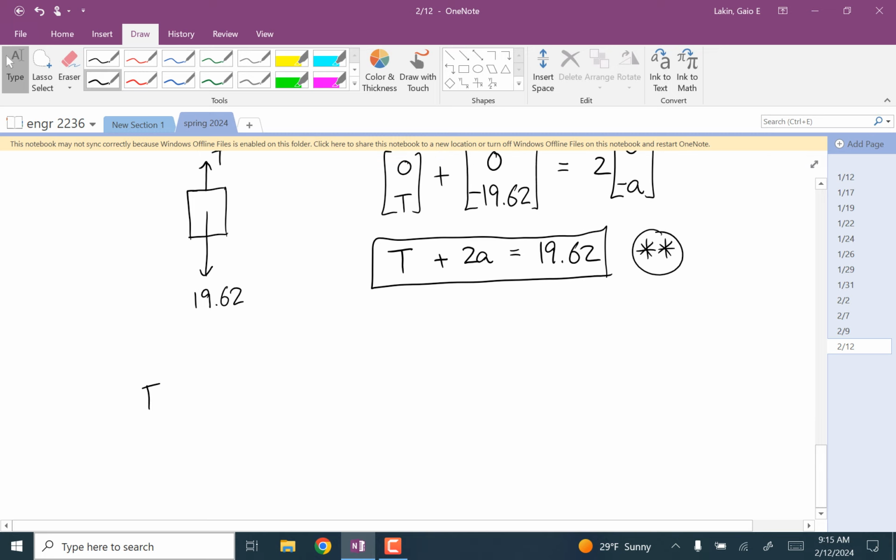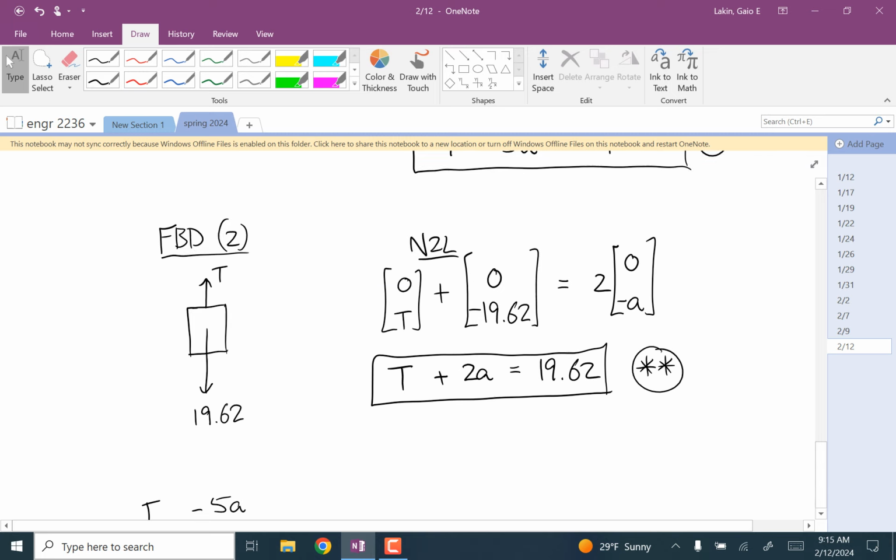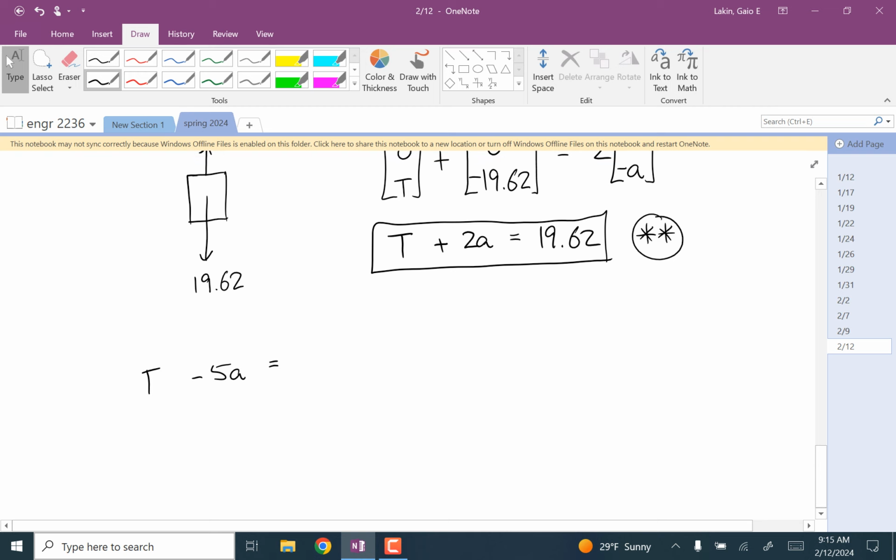So we have T minus 5a is equal to 4.905. And then I'm going to subtract this second equation, so minus T minus 2a is equal to minus 19.62.